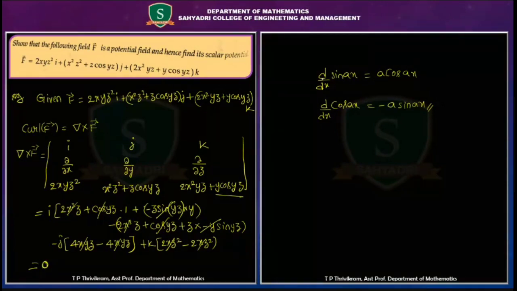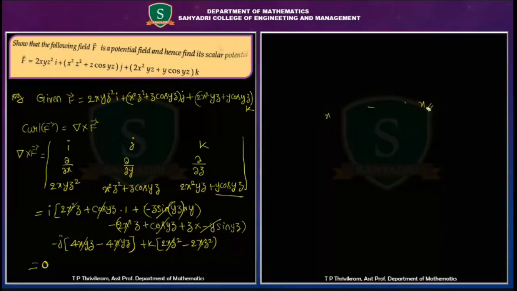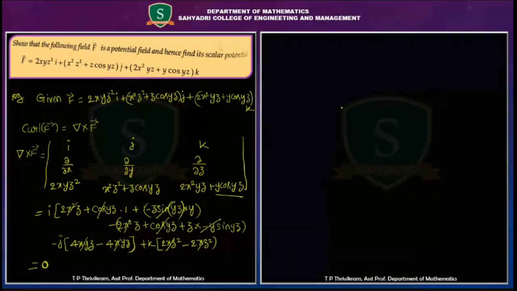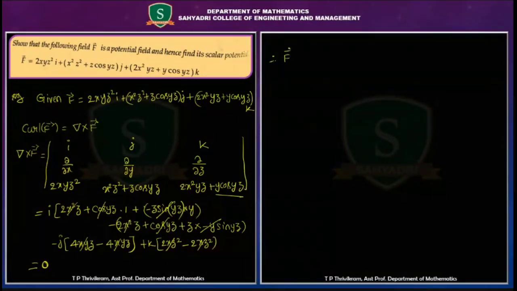Okay. Since we got this as 0, so we can say F is irrotational. Therefore, vector F is irrotational. Okay.